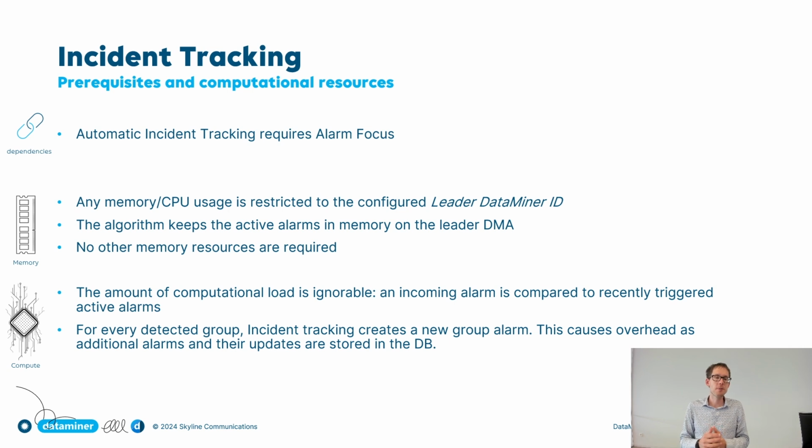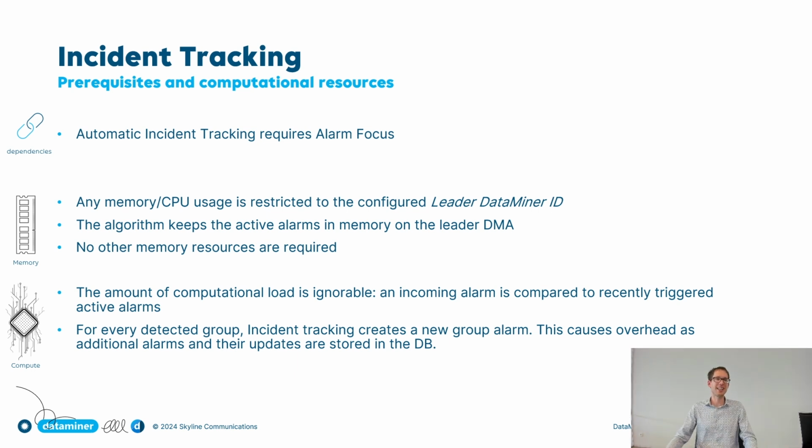If you notice that you have really a lot of database problems with respect to the alarm table, then maybe you should ask, is this related to incident tracking? I can try to switch it off, and then if it doesn't change anything, I can switch it on again. So this is, I think, the only thing that you should keep in mind. The rest, we're definitely fine.